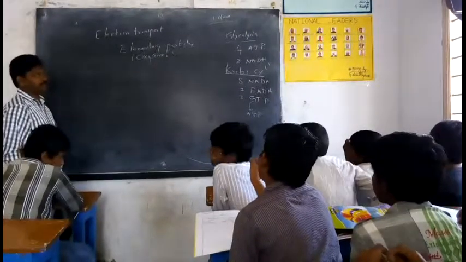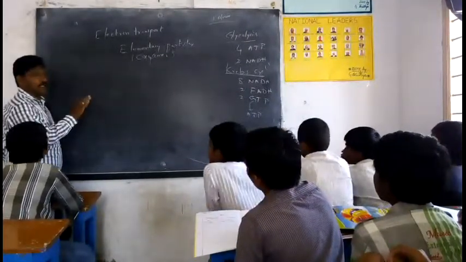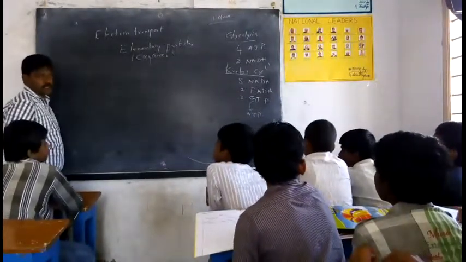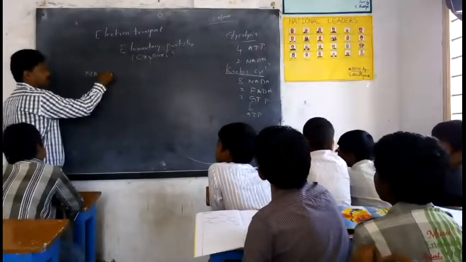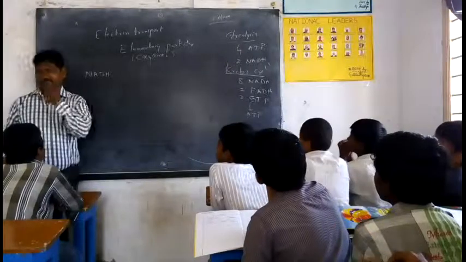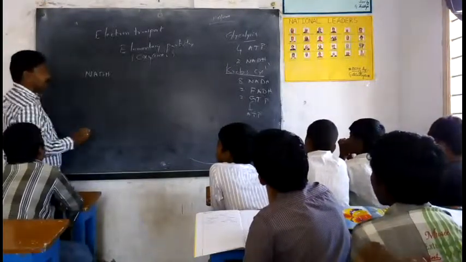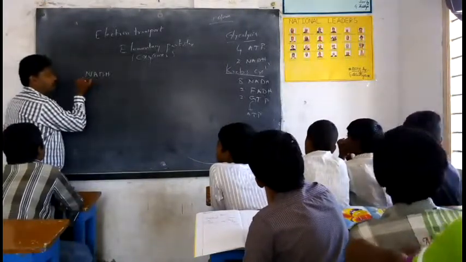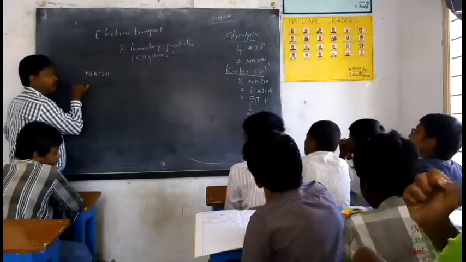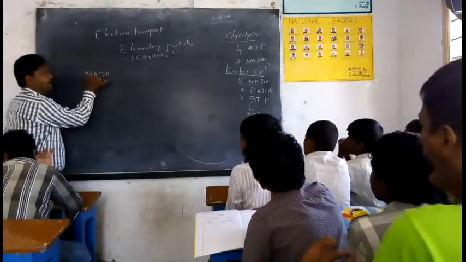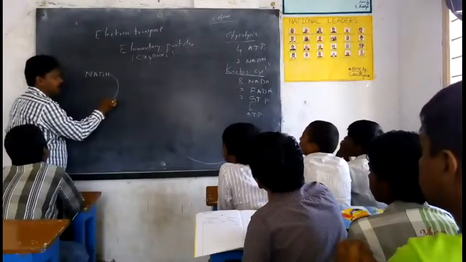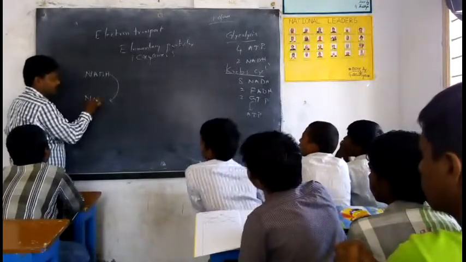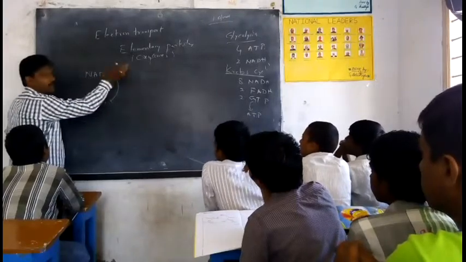So listen here. During electron transport, if you take one NADH, I already told you, NADH means reduced nicotinamide adenine dinucleotide. This NADH is converted into NAD by removal of hydrogen.